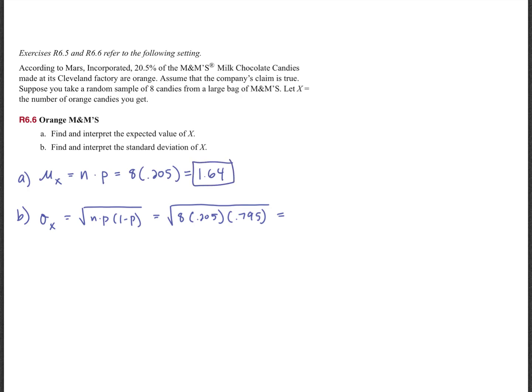That ends up being 1.14. We just needed to use those formulas. And then interpreting, you'd say if we were to select many, many random samples of size 8, the number of orange M&Ms would typically vary by about 1.14 orange candies from the mean of 1.64.